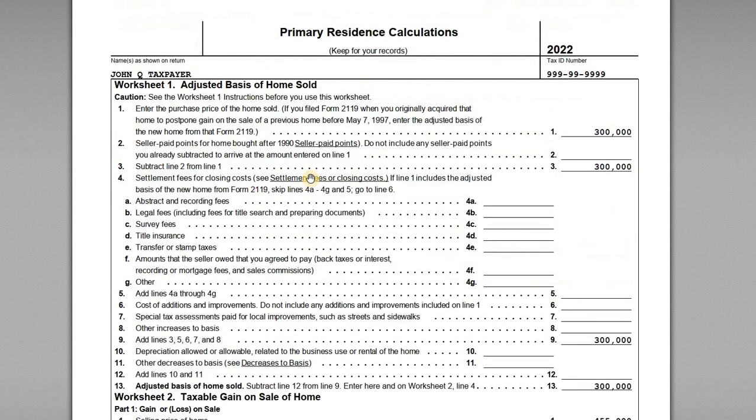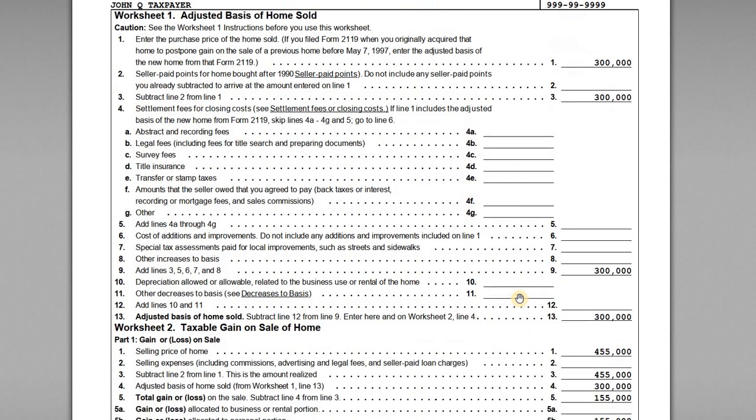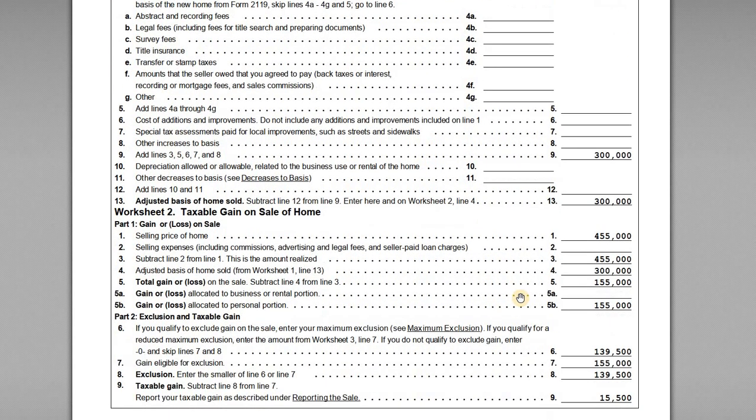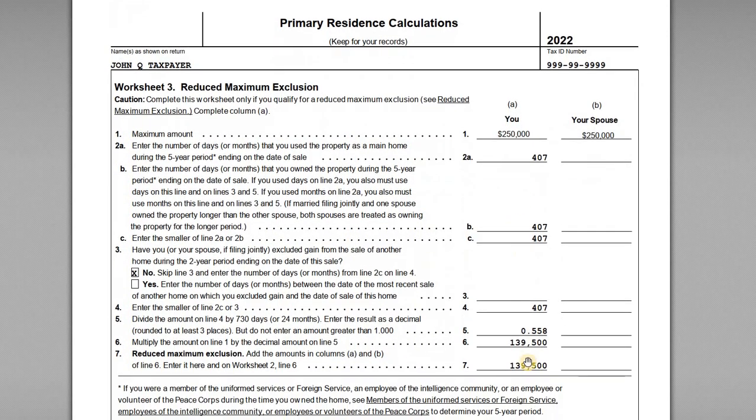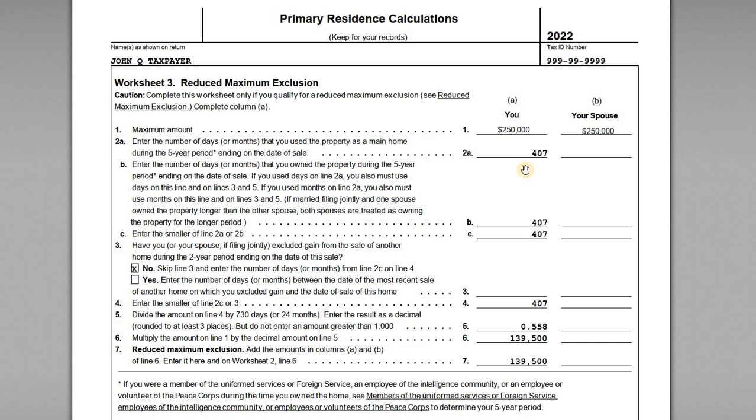All right. So if we look at the primary residence calculation worksheet here, this worksheet is very helpful in figuring out your adjusted sales proceeds and adjusted cost basis. But more importantly, if we look to page 2, it figures out what the reduced exclusion is. If we look at worksheet 3, reduced exclusion, if John qualified for the full amount, it'd be $250,000.